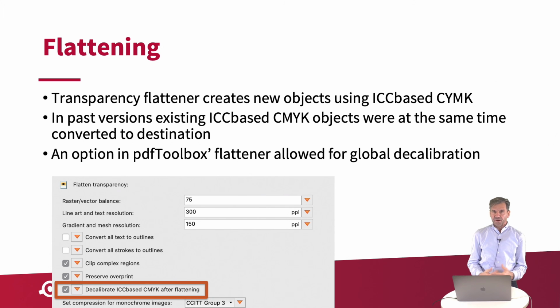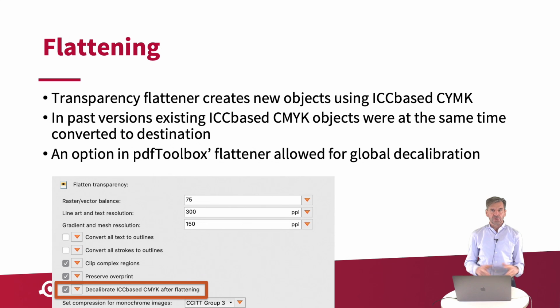What the transparency flattener does is it often has to create new objects. So I have two objects that overlap with each other, where the object in front is transparent. The flattener creates a new object where the two objects overlap, with the result color of the transparency effect. Whenever the flattener does it, it has the habit of creating it as ICC-based color.